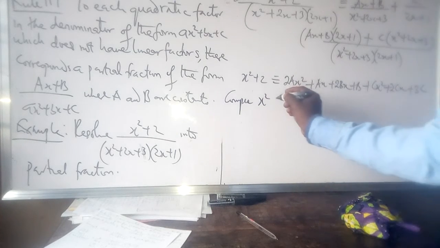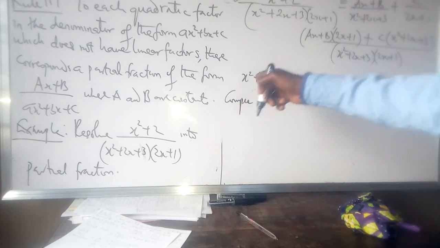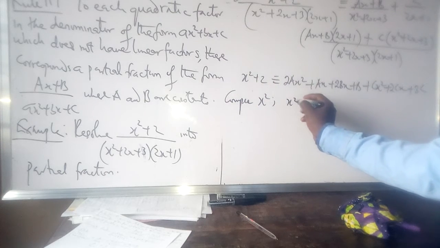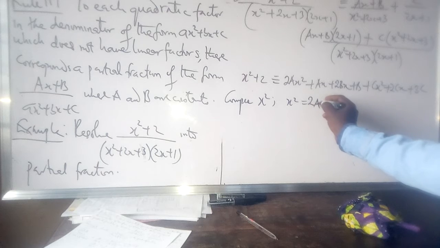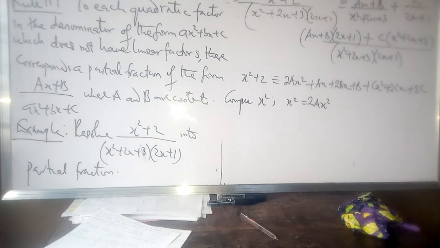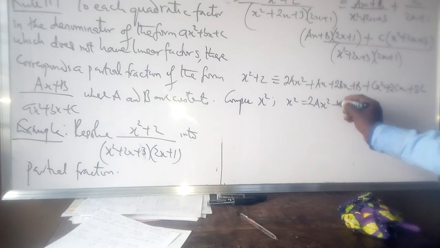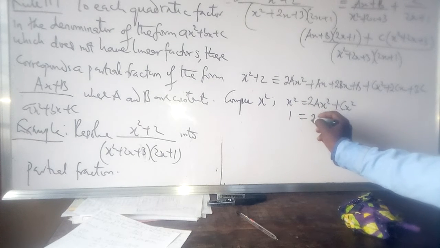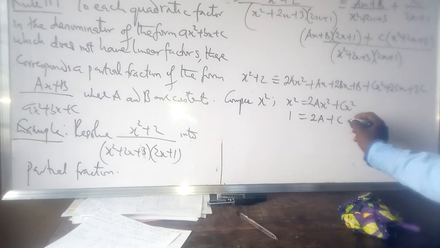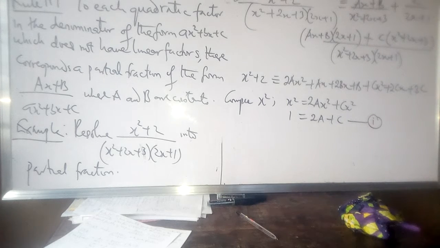On the left-hand side we have x squared, which will be equal to 2ax squared plus cx squared. Dividing through by x squared, which is common to those terms, this one will be 1, and the right will be 2a plus c. You can call this equation 1. I hope you are following.